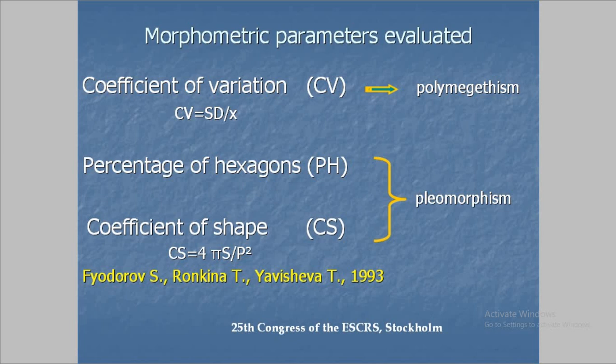The latter parameter may not be very well known to the audience. It was introduced by Professor Fedorov with co-authors in 1993, and it is the ratio of square and perimeter of the cell. The formula is shown on the slide, and it also characterizes pleomorphism of endothelial cells.